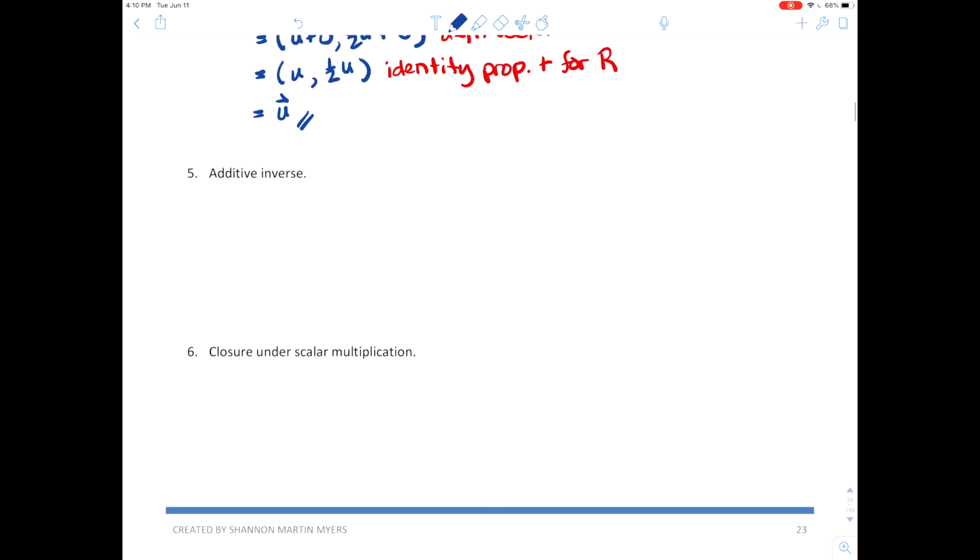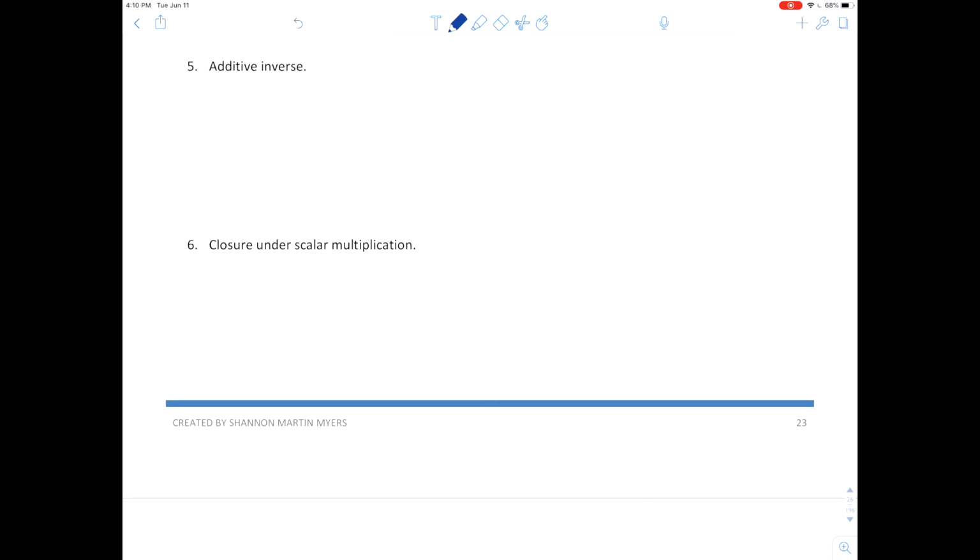Next, the additive inverse. Isn't this fun? So the additive inverse, remember, we want to add u plus negative u, the vectors, and we need to show that that's going to equal the 0 vector. All right, so first off, let's put them in component form.